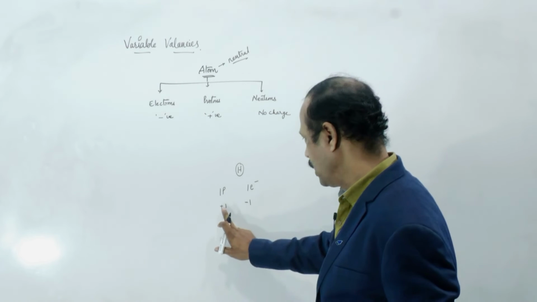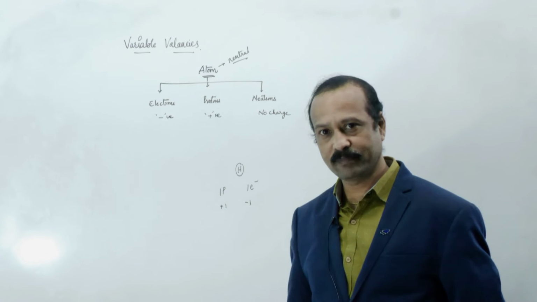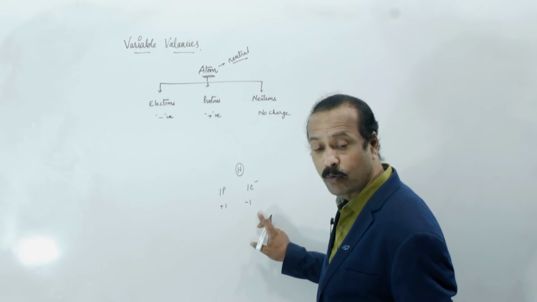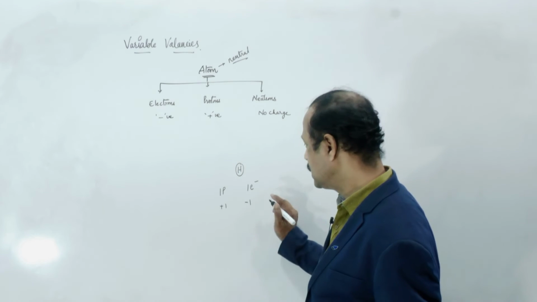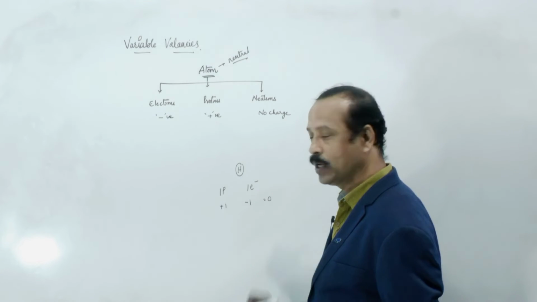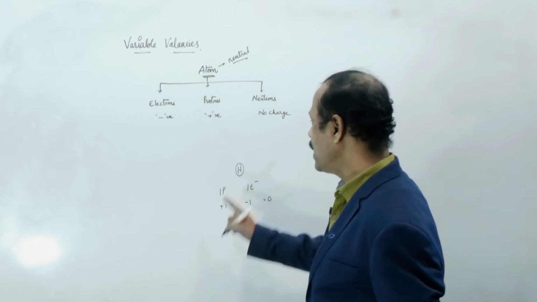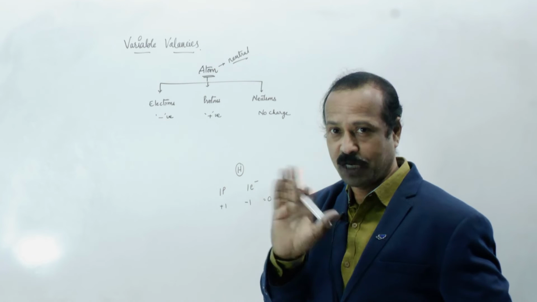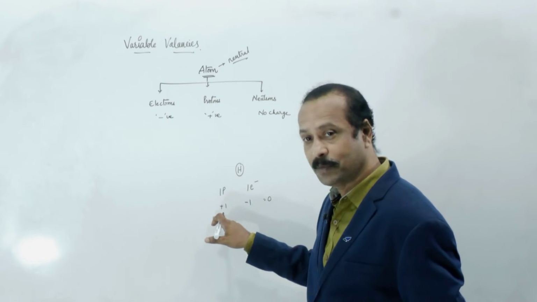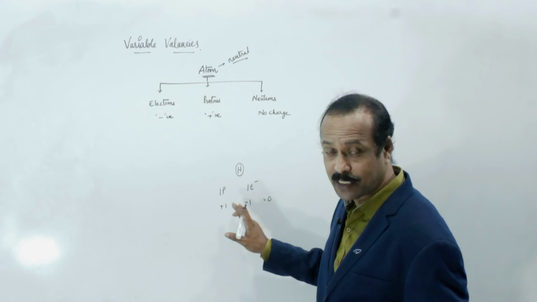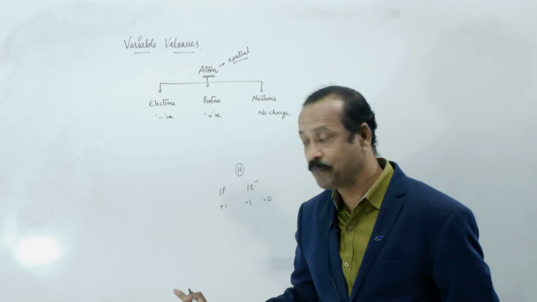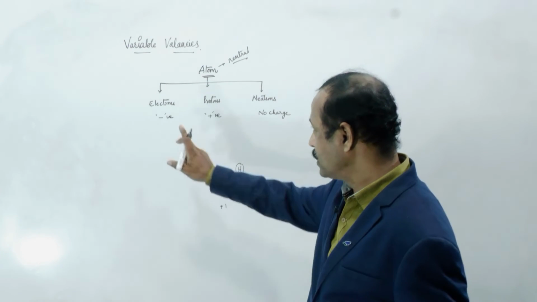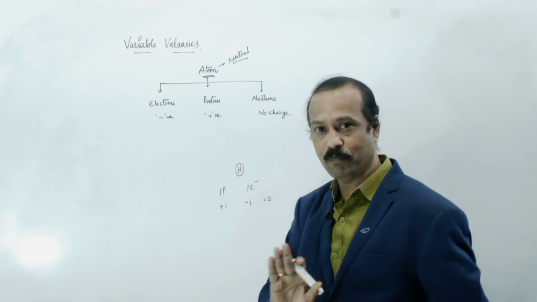So 1 minus 1. What is the answer? 0. So the atom is neutral. Neutral means no charge. Even though it has positive and negative charged particles, still the charge is 0, because the number of electrons is equal to the number of protons.